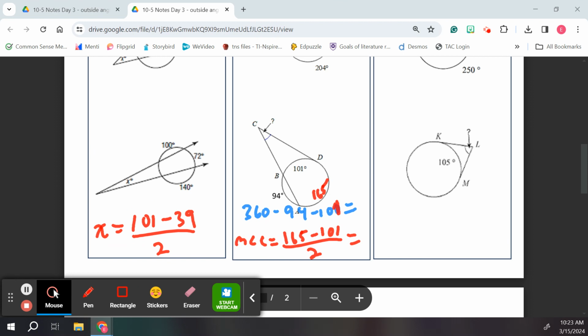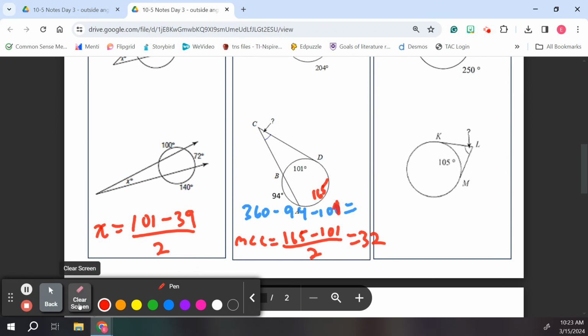What did we get? 32 degrees. Very good. Questions on this? Everybody still writing? Because I am going to clear the screen.